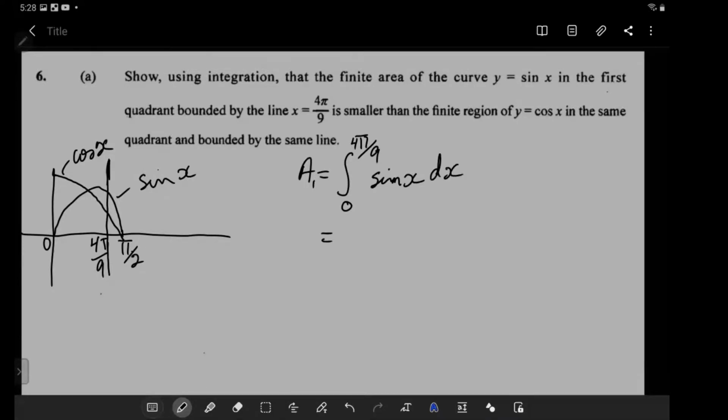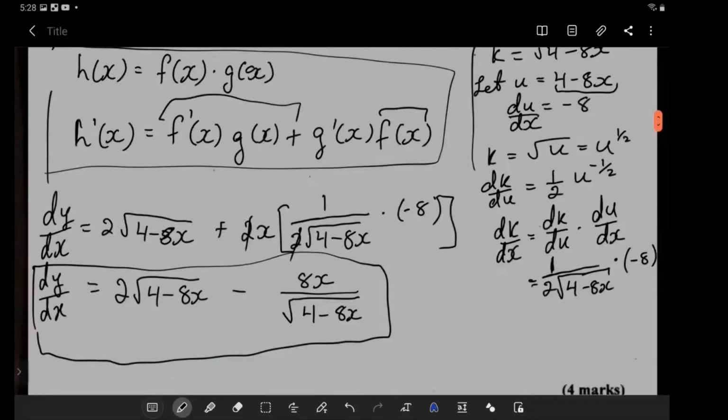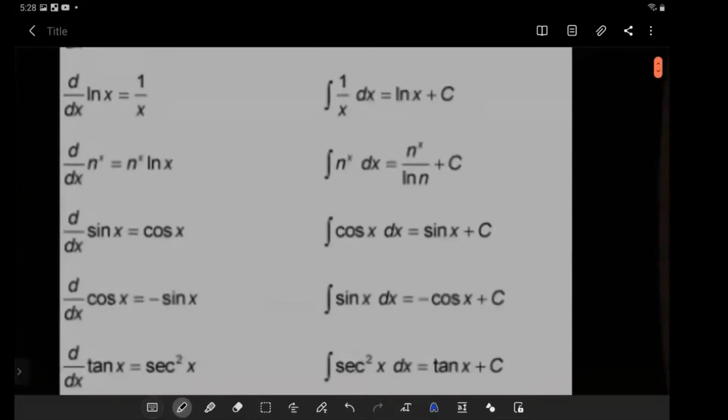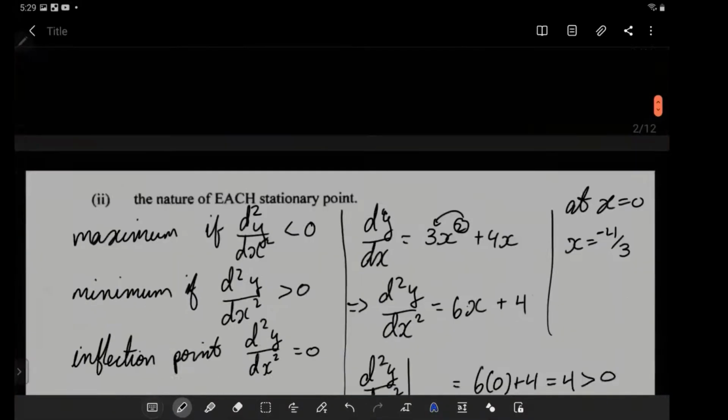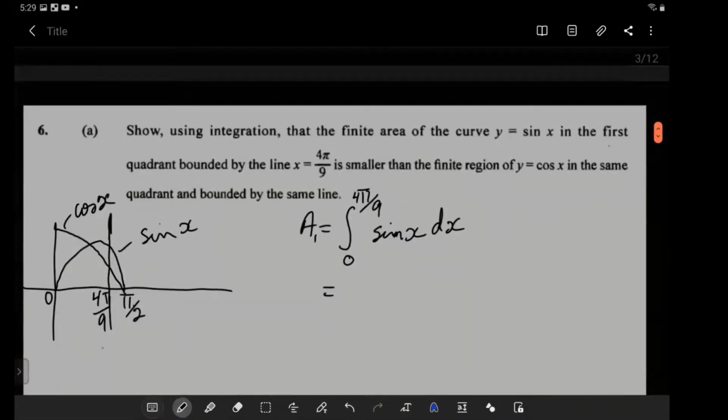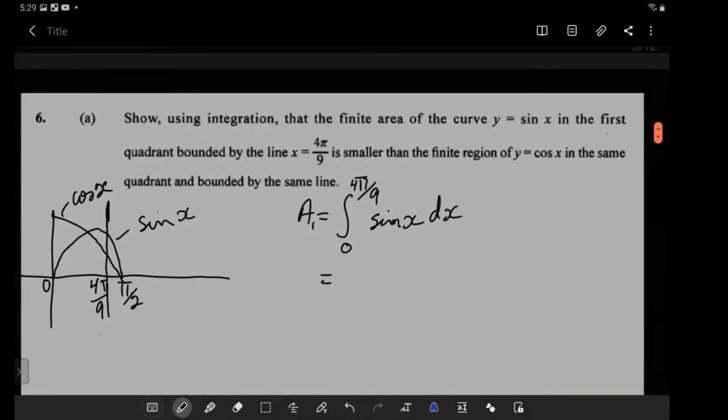Now the integral of sin x is minus cosine x. We can ignore the constant of integration for now since we are integrating with respect to our limit. If we were not integrating with respect to our limit, we need to keep the constant.